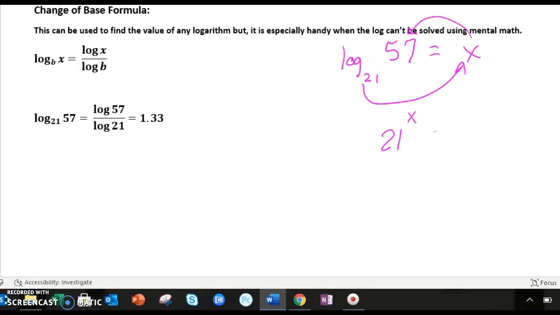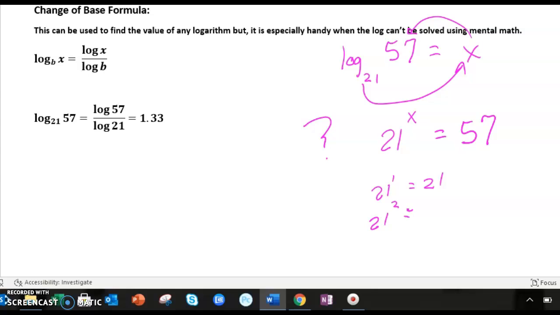Well, I don't even know that. I can't do that in my head. I know 21 to the first power is 21, and 21 to the second power, well, 20 times 20 is 400, so that's got to be over 400. So we've jumped way past 57.